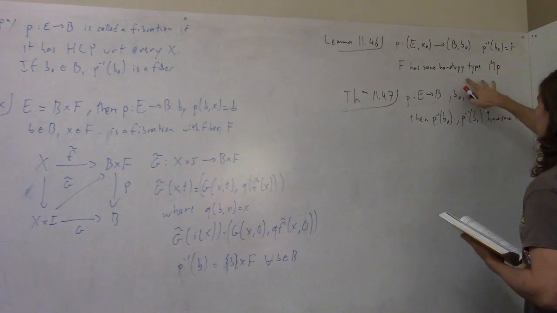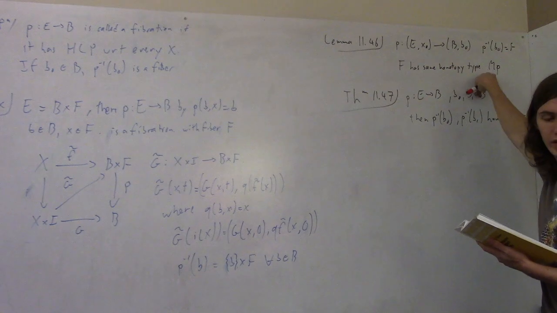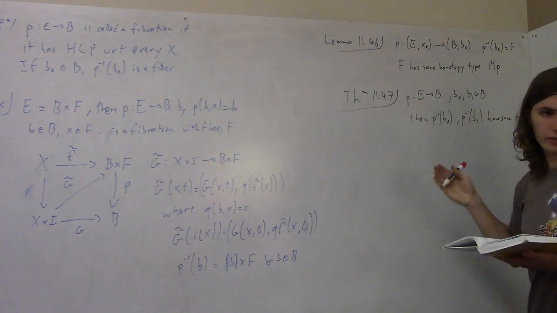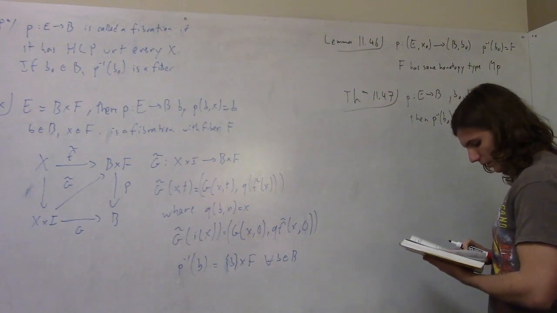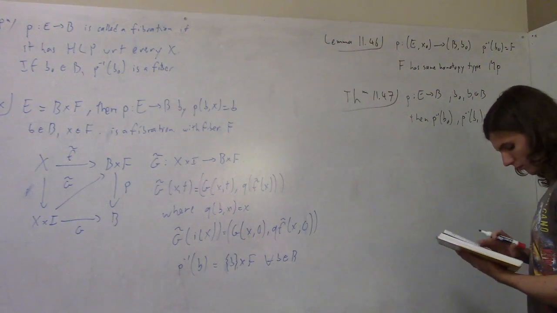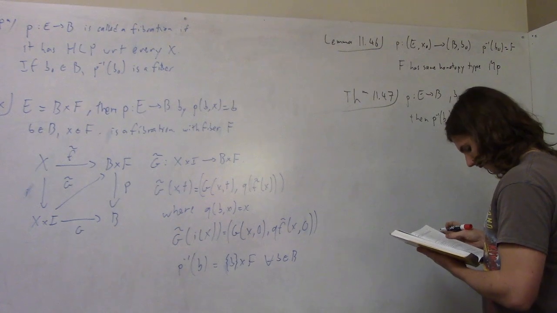That follows because each one has the same homotopy type as the mapping fiber, and the mapping fiber is the same for both because it's the same fibration.